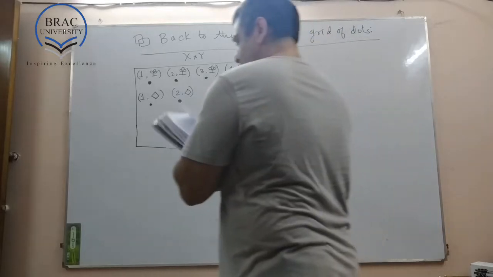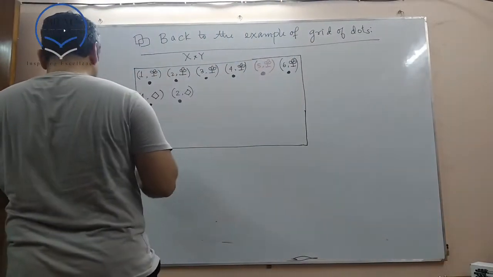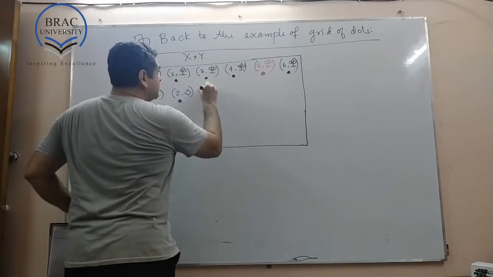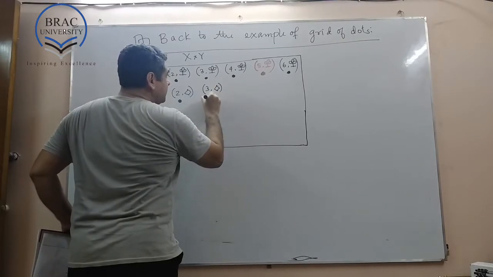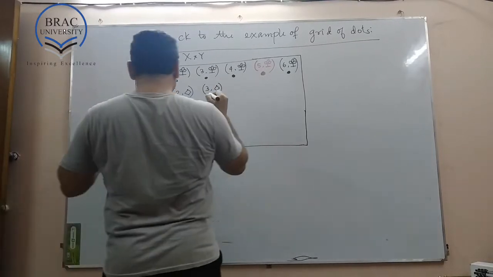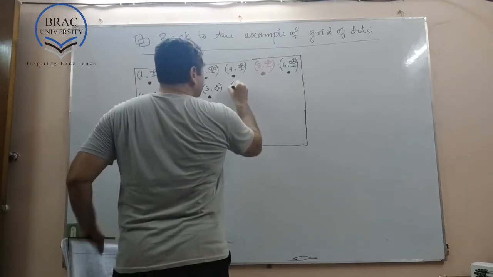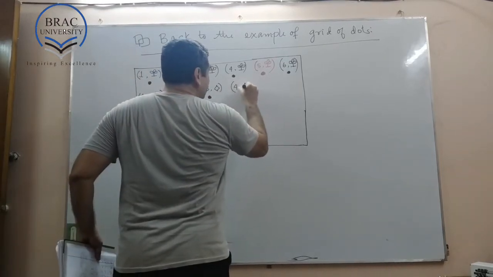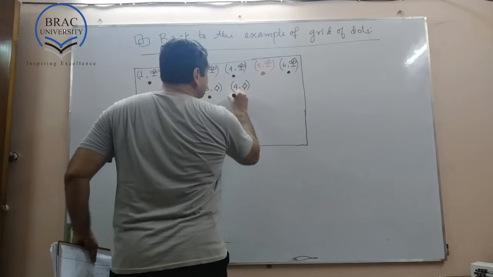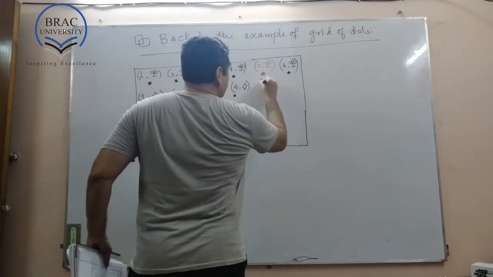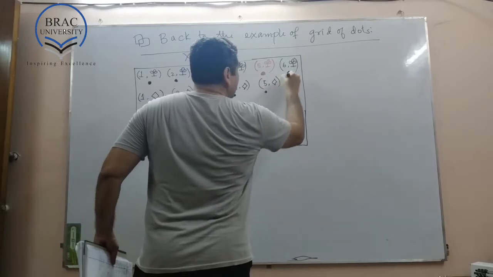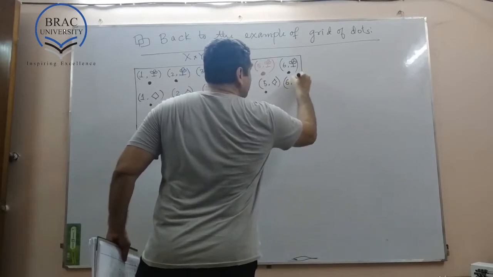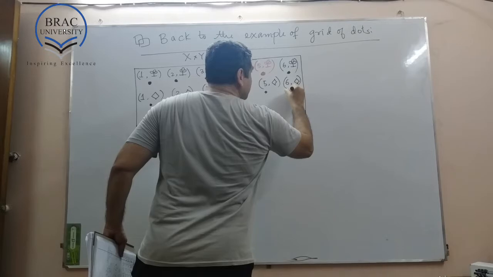And 3 comma diamond with a black dot again. 4 comma diamond with a black dot again. Then I have 5 comma diamond with a black dot, and 6 comma diamond again with a black dot.